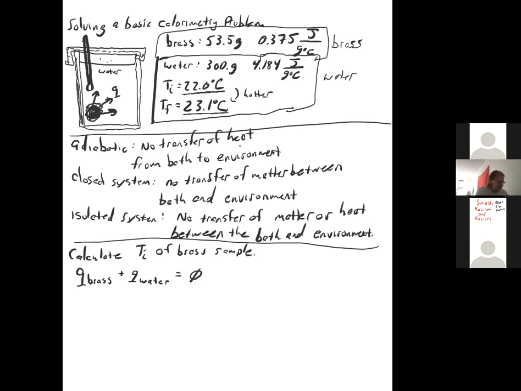Same thing here. The heat that the brass loses has got to be equal to the amount that the water gains. So think about that in terms of money again. Maybe it's not the best analogy, but sometimes people are familiar with it. Suppose you and your friend, and you say, hey, here's $100.